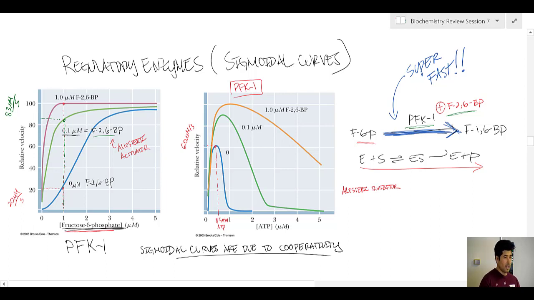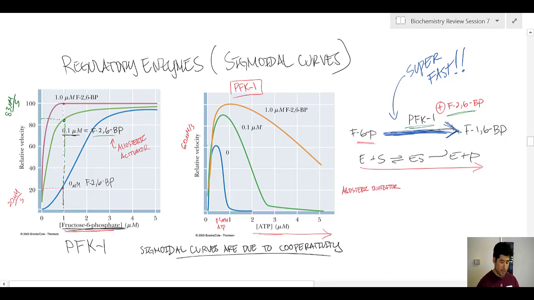So what do you think ATP is doing to phosphofructokinase 1? It's an allosteric inhibitor. So therefore, as the concentration of ATP increases, the activity of PFK1 decreases. Does that make sense?